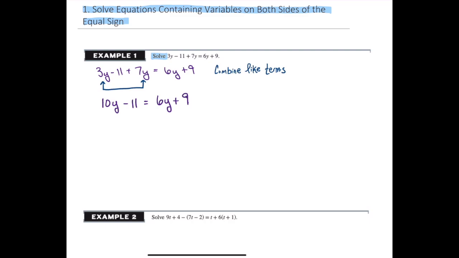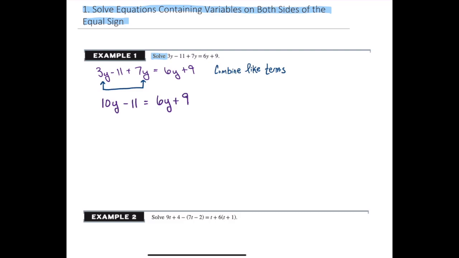Now we still have the y's on both sides of the equal sign. So we can make a kind of aesthetic decision to move all the y's over to the left side or the right side. People typically like to move it over to the left, so I'm going to do that. And remember, in order to move across the equal sign, we want to use the opposite operation.